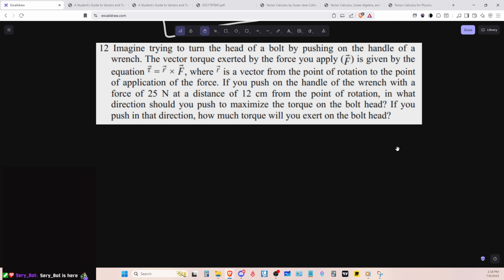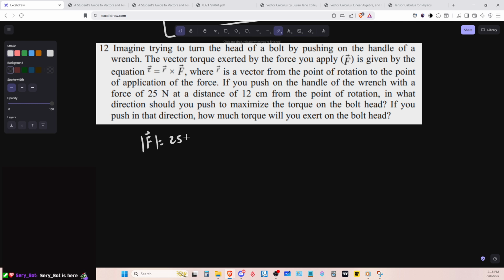So we got the equation for torque, where r is the vector that points from the point of rotation to the point of the application of the force. If you push a handle with the force of 25 newtons, so I guess we can write the force, or at least the magnitude of the force, so that way we don't get confused.